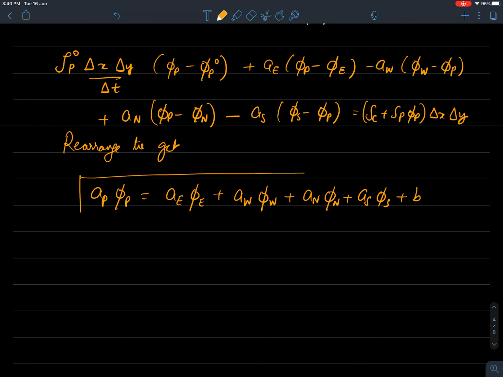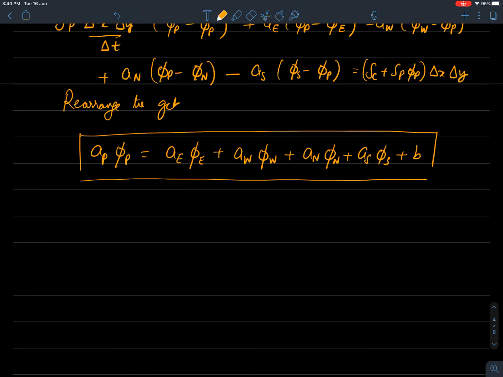So this is my final equation that I wanted to write for the 2D transient system, where Ae is now dE into A mod Pe plus max of 0 comma minus Fe.